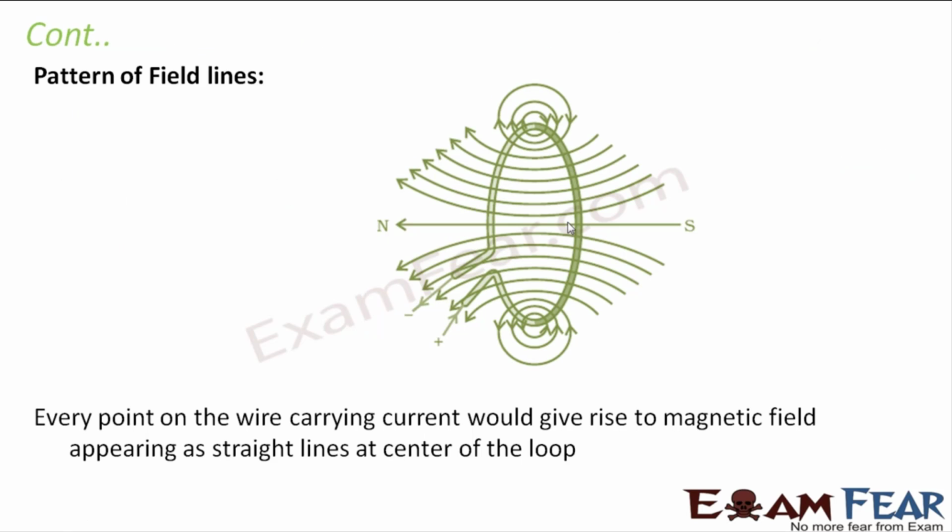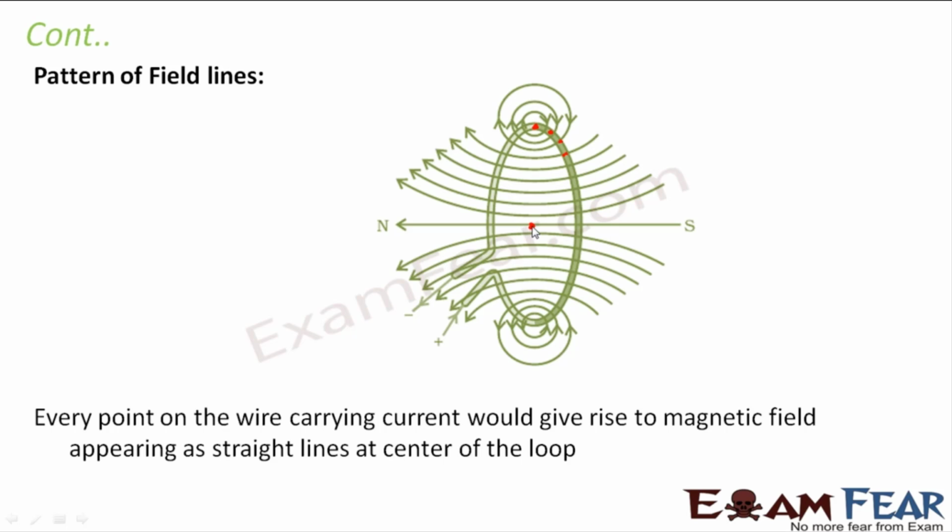Now let us look at the pattern of the field lines. As I already discussed, the magnetic field will appear as straight lines at the center of the circular loop. Right now I am talking about the net magnetic field, because every point will give rise to similar kind of magnetic field lines.